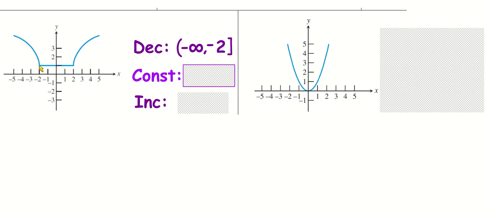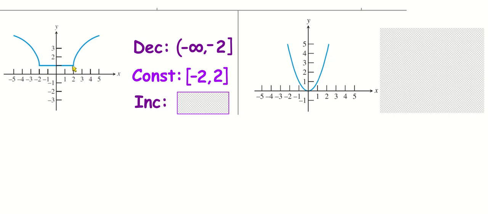So at negative 2, you can say that it's still decreasing, I guess. And it's constant, and look, brackets again. I know it's weird, but you can say it's decreasing at negative 2, but it's also constant at negative 2.